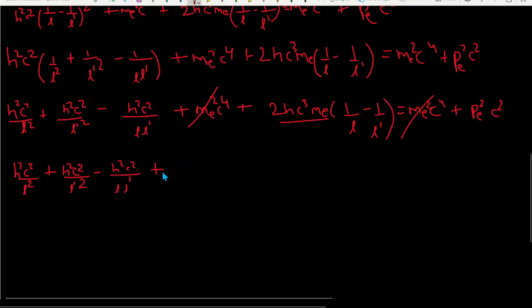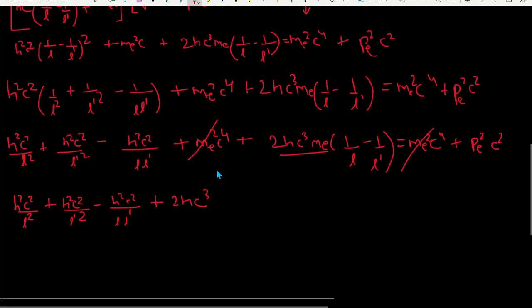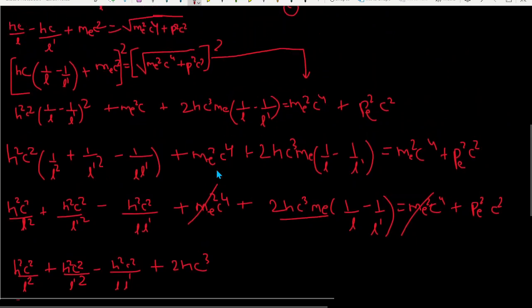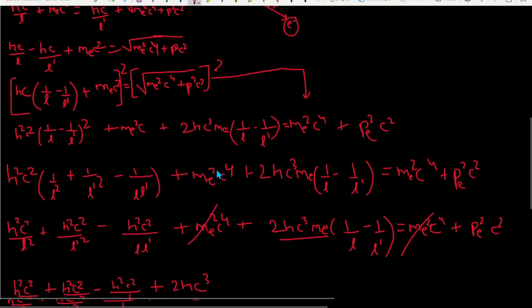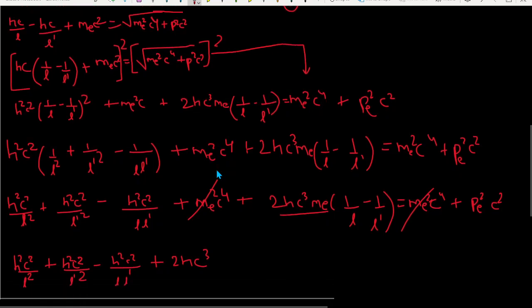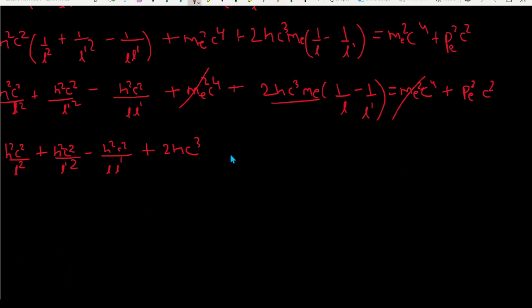Now the equation starts. We can write this particular expression as 2hc cube m_e into 1 upon lambda minus 1 upon lambda dash.